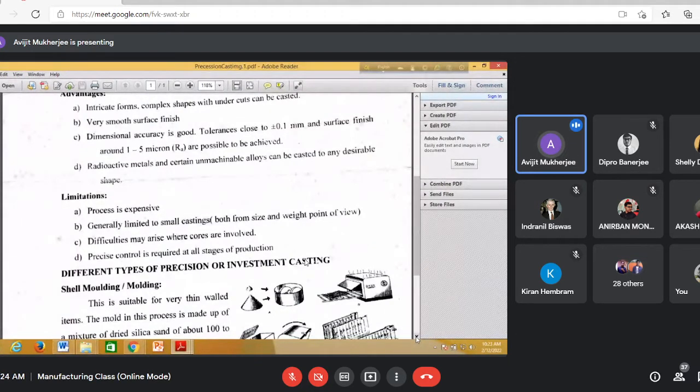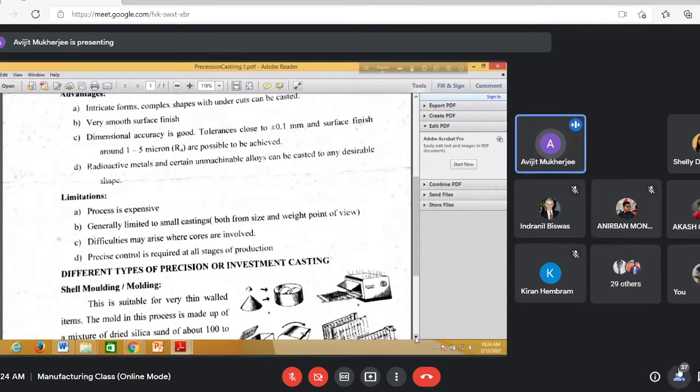Those are core prints, protruded parts, and core prints will provide the seat of the core, where the cores can be seated or can be fitted. Cores are prepared separately using core sand or other materials, maybe wooden core or something, but preferably it should be prepared with core sand and then inserted in the core seat.